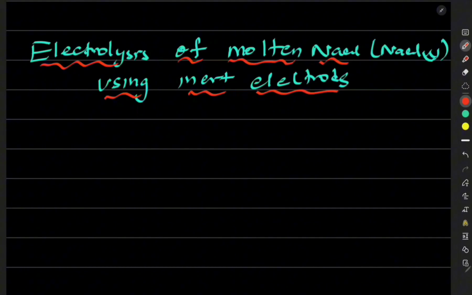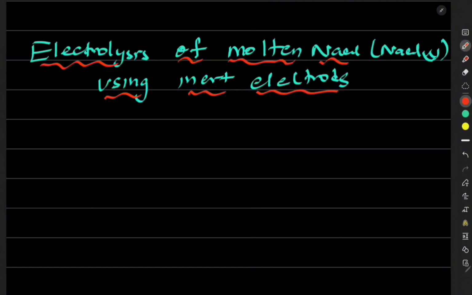When the temperature is raised beyond the melting point, molten sodium chloride is produced, and it contains Na plus ions and Cl minus ions. Electrolysis of molten sodium chloride will result in reduction of Na plus ions to Na solid, and Cl2 gas is also produced as the oxidation product.